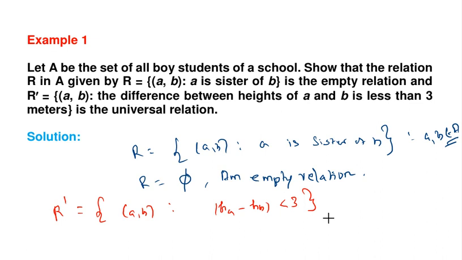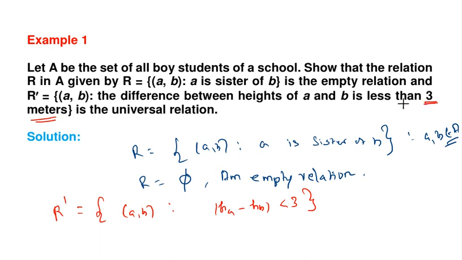Definitely the height difference will not exceed 3 meters. 3 meters is very large, but the height of a student is around 2 meters something only. It won't exceed even 2.5 meters, even for a very tall person. So we can accept this condition. If we take any two boy students from the school, their height difference is definitely less than 3 meters.